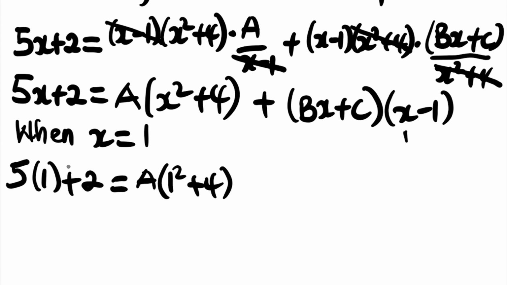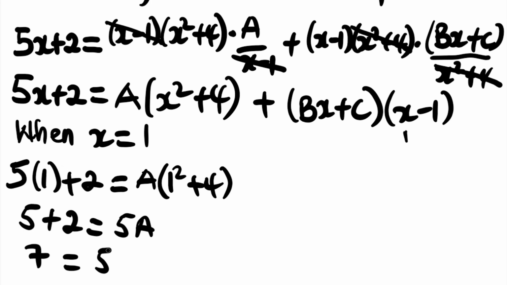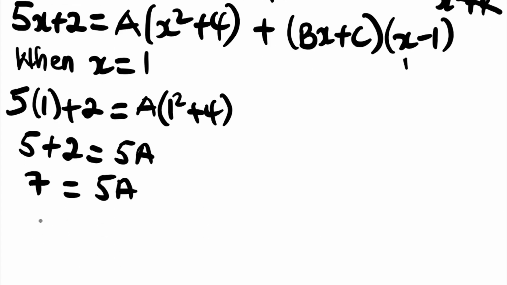So I will now have 5 plus 2 equals 1 squared is 1 plus 4, which is 5A. So 7 equals 5A, therefore A equals 7 over 5.